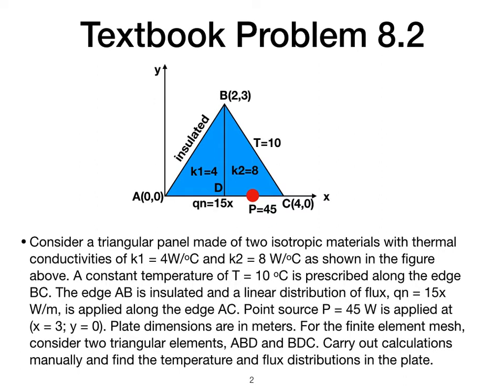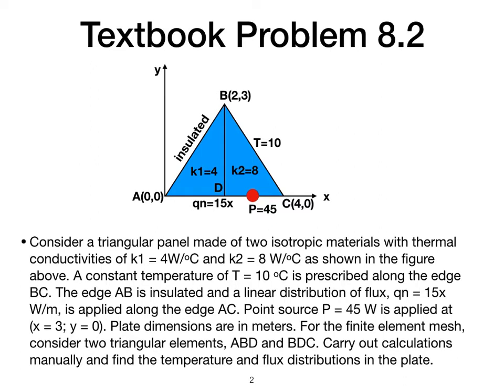A constant temperature of T equal to 10 degrees Celsius is prescribed along the edge BC. The edge AB is insulated and a linear distribution of flux Qn equal to 15x watts per meter is applied along the edge AC.